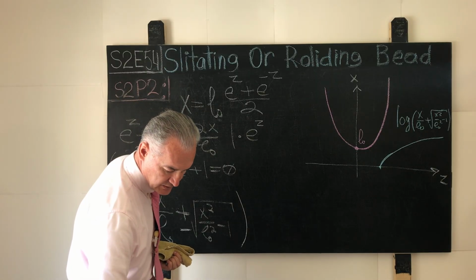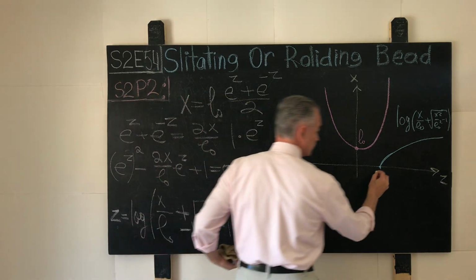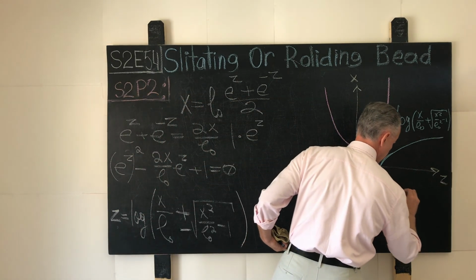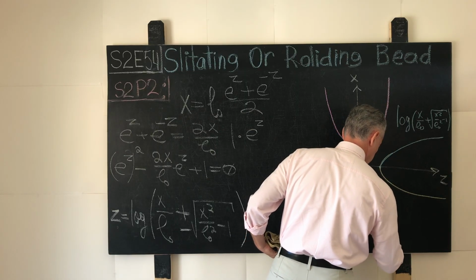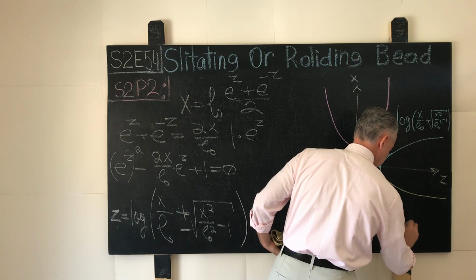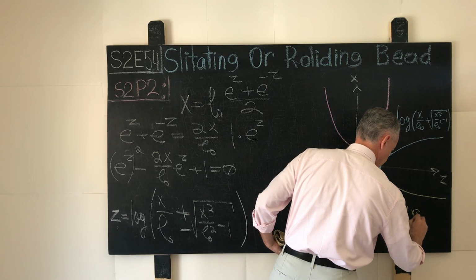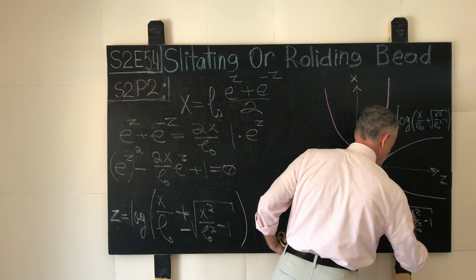Which color can you see better? Yellow. Let's do this in yellow. And this branch will run this way. This will be the negative branch, log of x over L0 minus the square root of x squared over L0 squared minus 1.